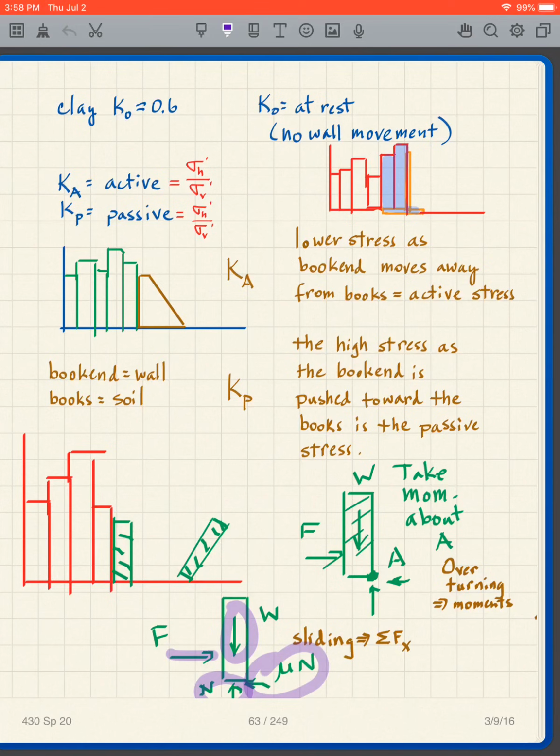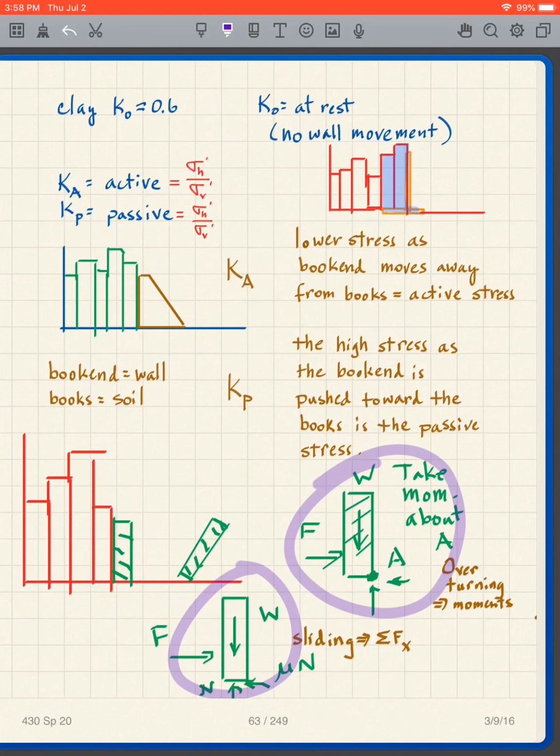So I can analyze this for both sliding and overturning, two different analyses. I'll make one other comment. You are probably familiar with another type of bookend that basically has this shape. It has a T. Now, how do we analyze that one?